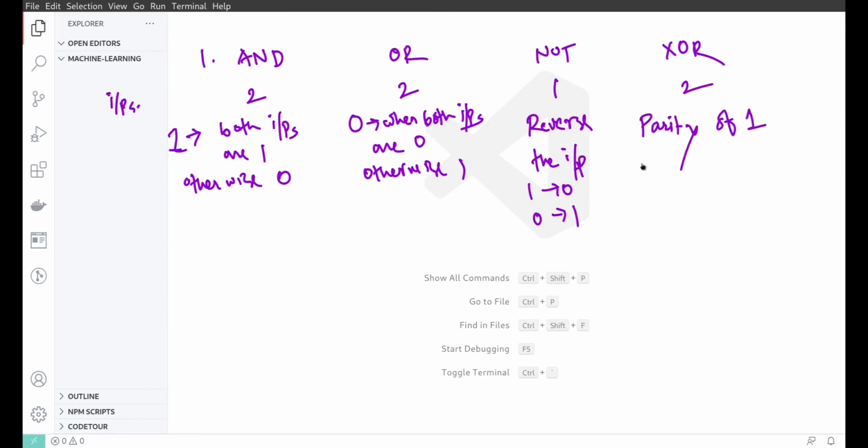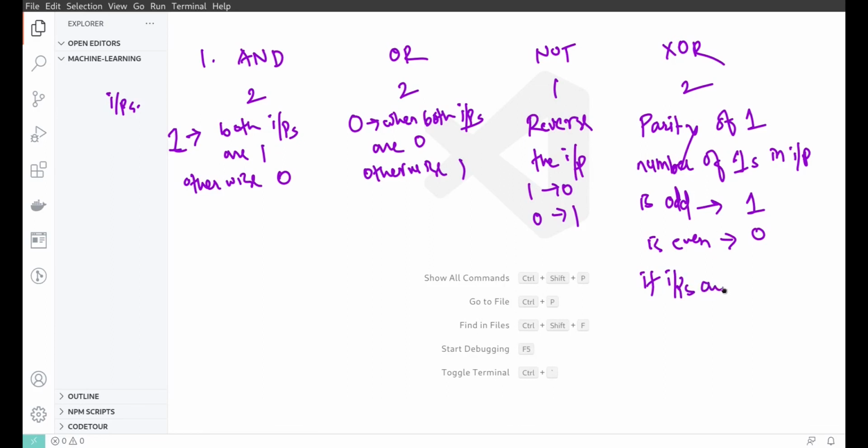If the number of ones in input is odd, then output should be 1, and if it is even, then output should be 0. We can also remember it as, for 2 inputs, if inputs are same, then 0, and if they are different, then 1.